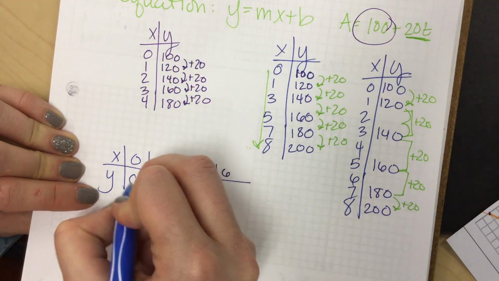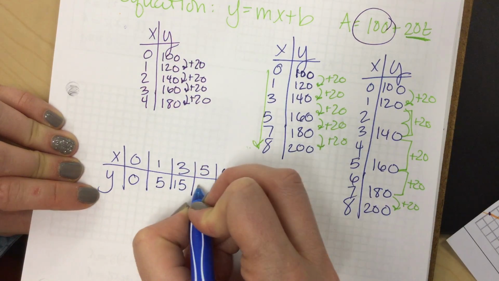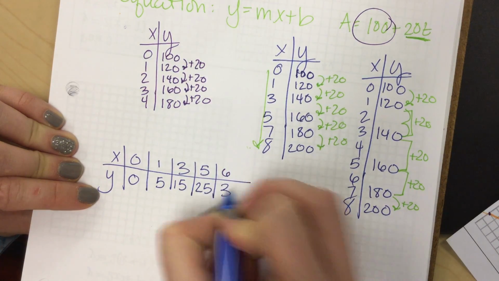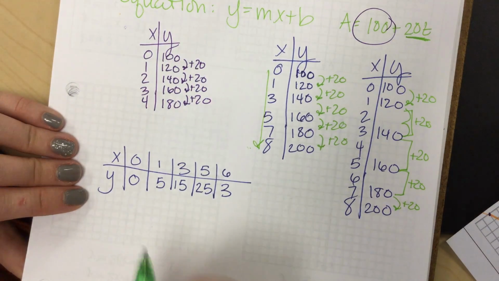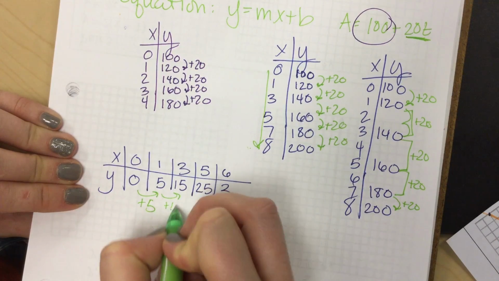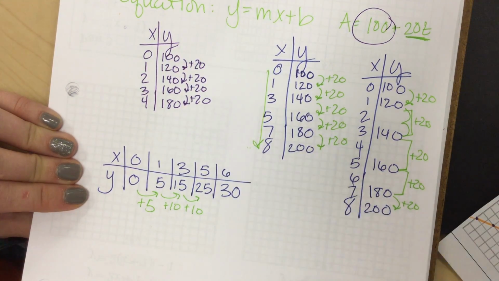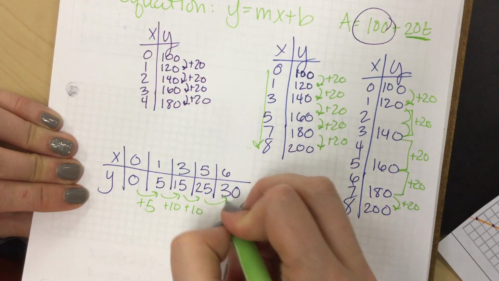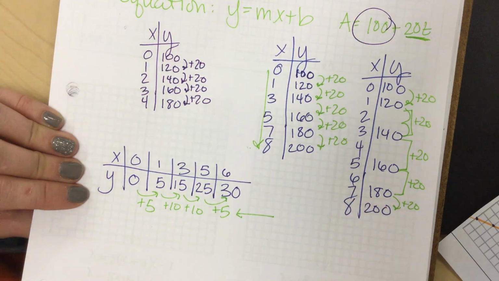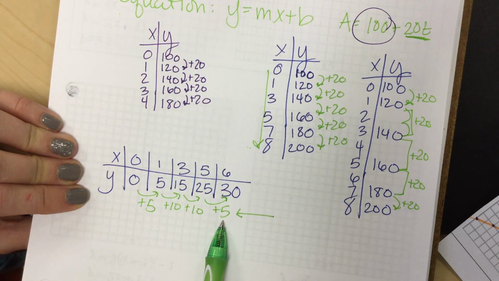So let's say we start with 0 and then we go to 5, 15, 25, 30. So when you first look at this table, you might think, oh, okay, well that goes up by 5, and then it goes up by 10, and then 10 again. Oops, that was supposed to be 30. I said it, I just didn't write it. And then it goes up by 5, and you might say, oh, these numbers are all different. It's not a constant rate of change.